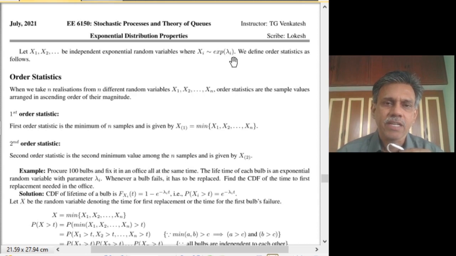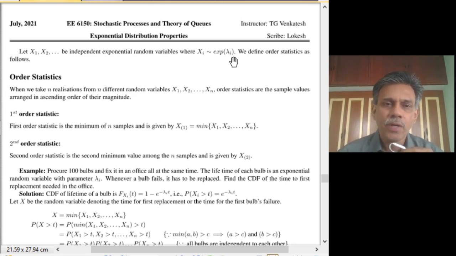If we have a collection of random variables and take a realization of these random variables, then order the realization values in ascending or descending order, those ordered values are what basically define the order statistics.